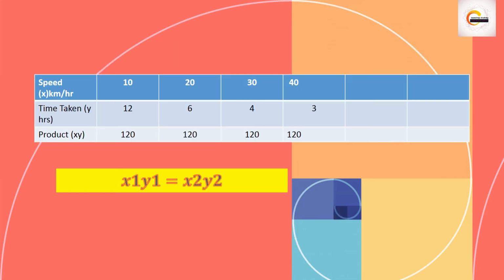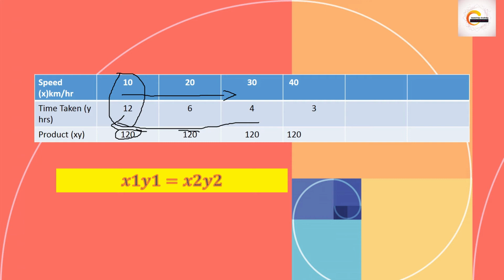Now, as we have seen, this table represents an inverse proportional relationship in which one variable increases and the other variable decreases. But in all the columns, in all the cases, the product of x and y, or the product of speed and time, is the same.